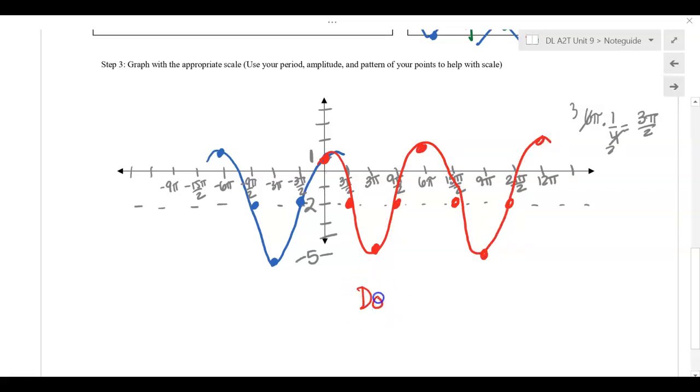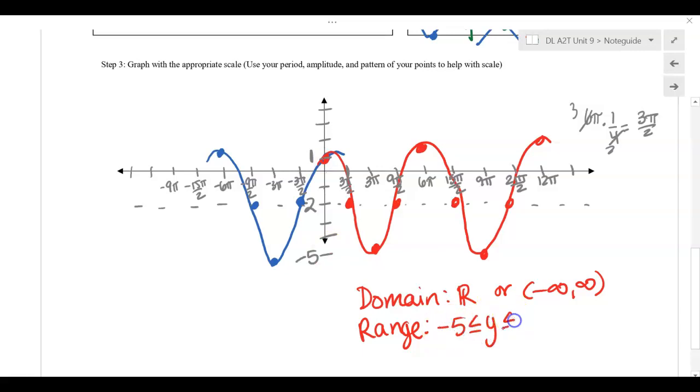And then the domain for this, again, is all real numbers, or if you like that interval notation, negative infinity to infinity. And the range, this function hits maximum at 1 and minimum at -5. So -5 less than or equal to y less than or equal to 1, or from -5 to 1.